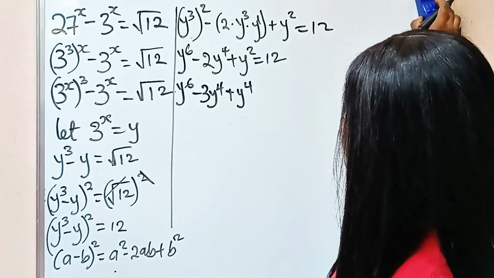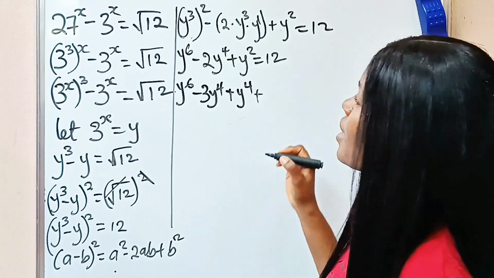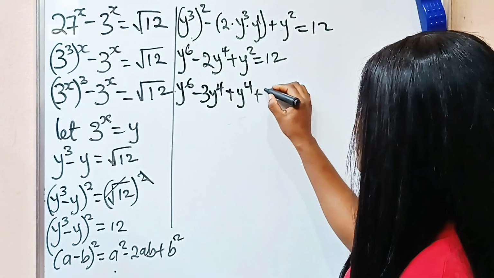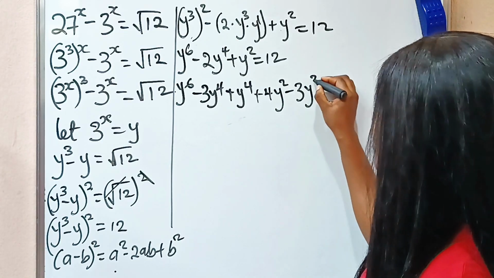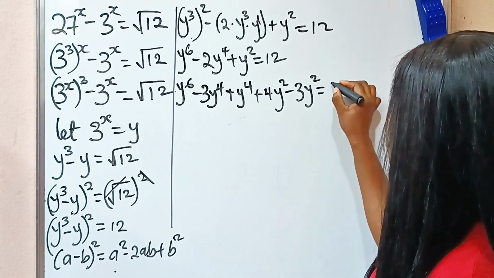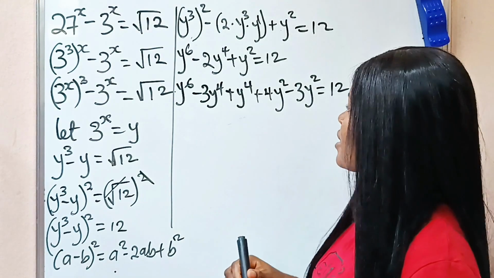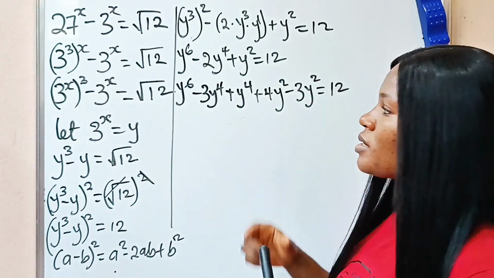Now y squared is the same thing as 4y squared minus 3y squared, is equal to 12. Now, let's bring this in.